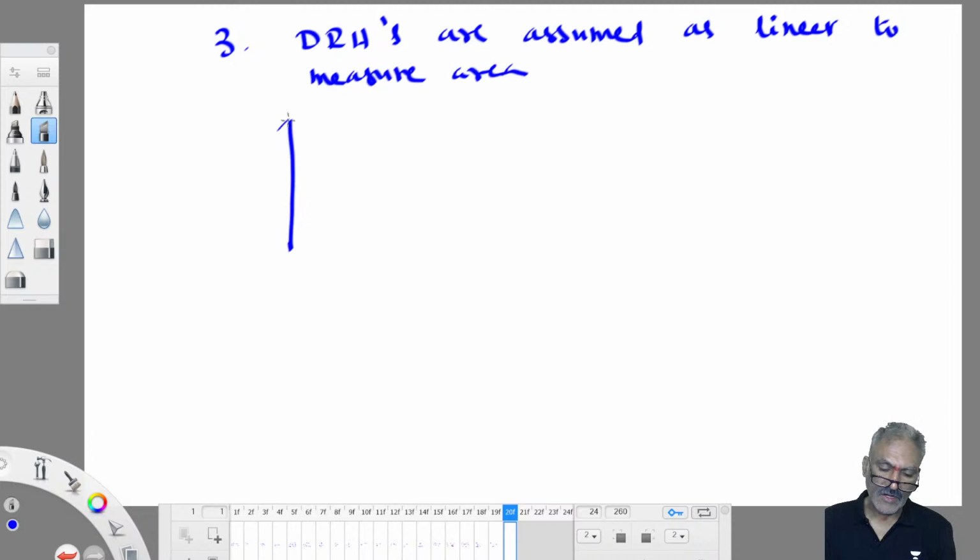So if the direct runoff hydrograph is something like a triangle, they will give you like this. Actually it is not a triangle, it is idealized as a triangle. So a little error will be there, that's fine. It is not a big error.